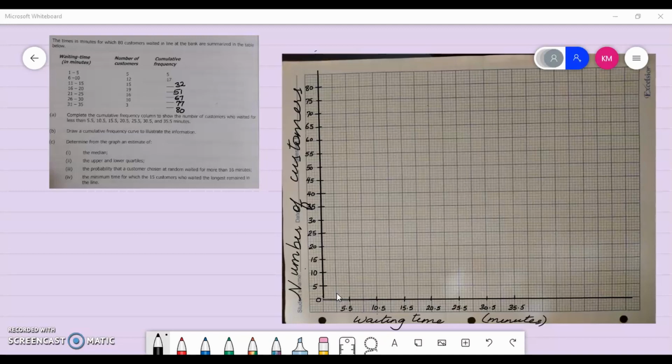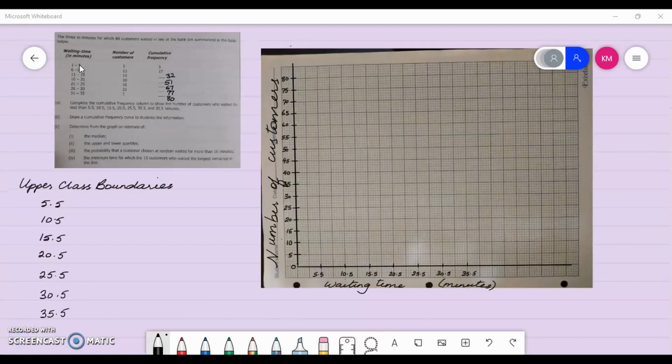Remember, for a cumulative frequency curve, I am plotting two sets of values, and that is your upper class boundaries as well as your cumulative frequency. So I'm going to write out a column with my upper class boundaries. Remember, your upper class boundaries are simply 0.5 more than your upper limits.